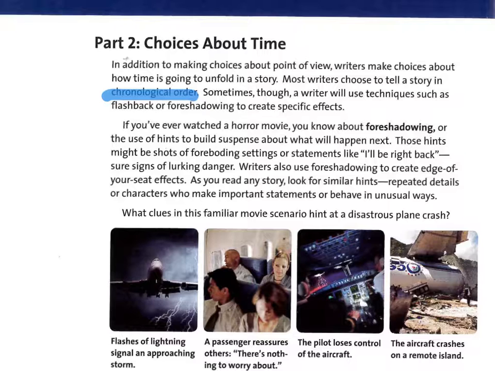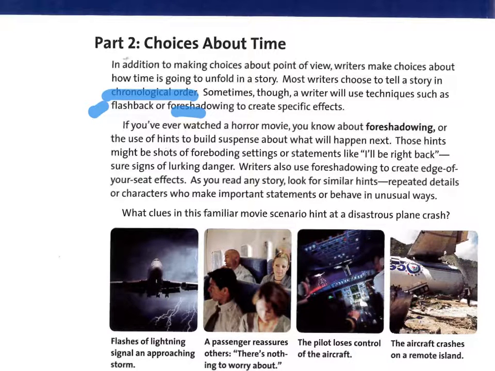Sometimes, though, a writer will use techniques such as flashback or foreshadowing to create specific effects. We also have flash forward. So flashback, flash forward, and foreshadowing are 3 terms that you will see on Quizlet when you prepare and study the vocabulary for this unit.